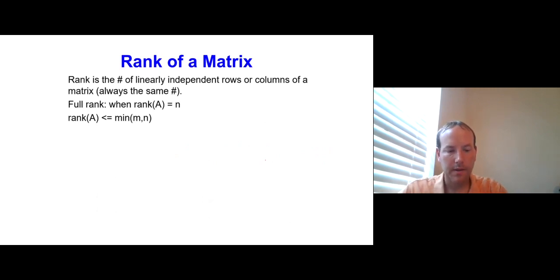Okay, so the next property of a matrix that we want to look at is called the rank of the matrix. The rank is the number of linearly independent rows or columns of a matrix, and that always is the same number. What we call full rank is the case when the rank is equal to the size of the matrix.